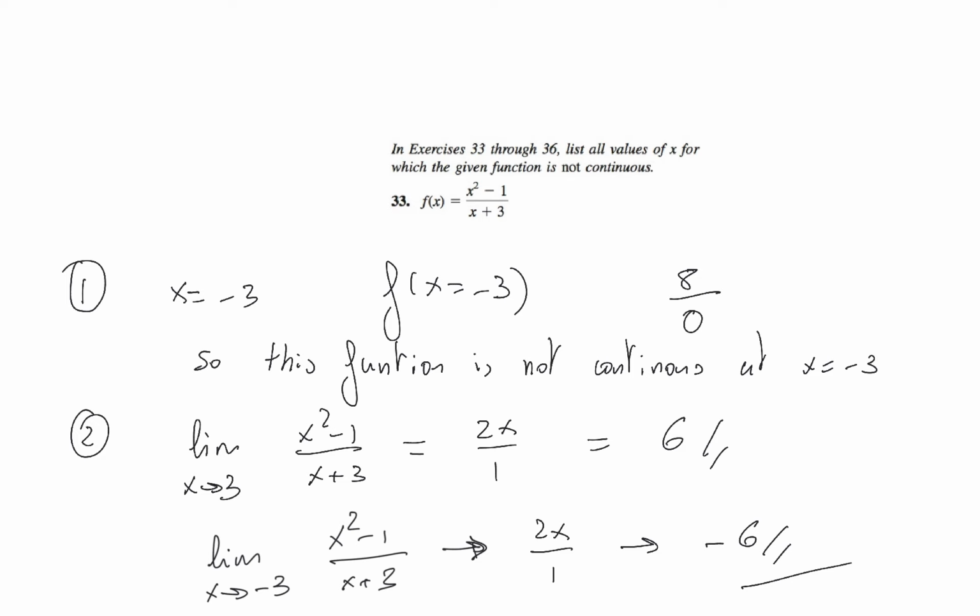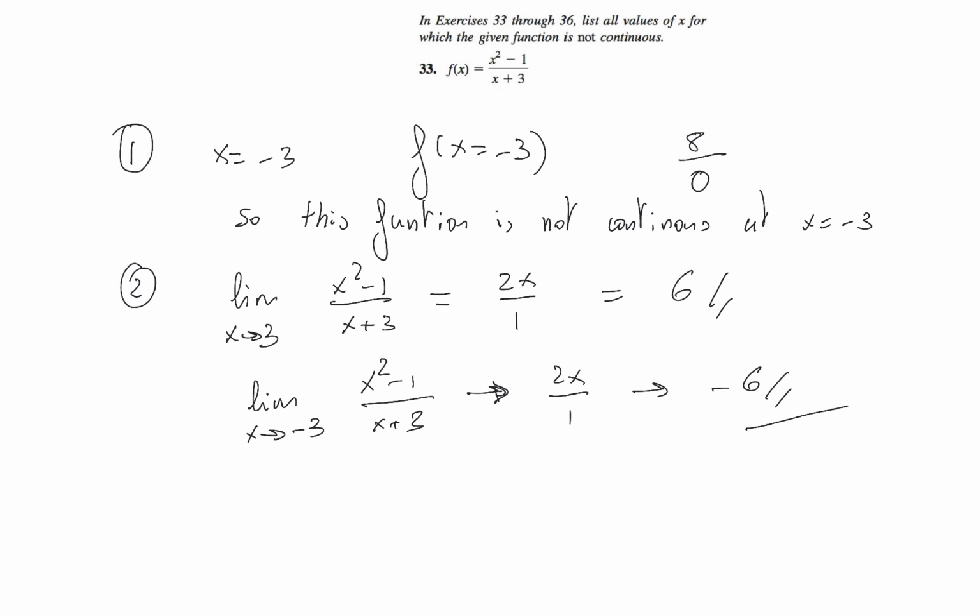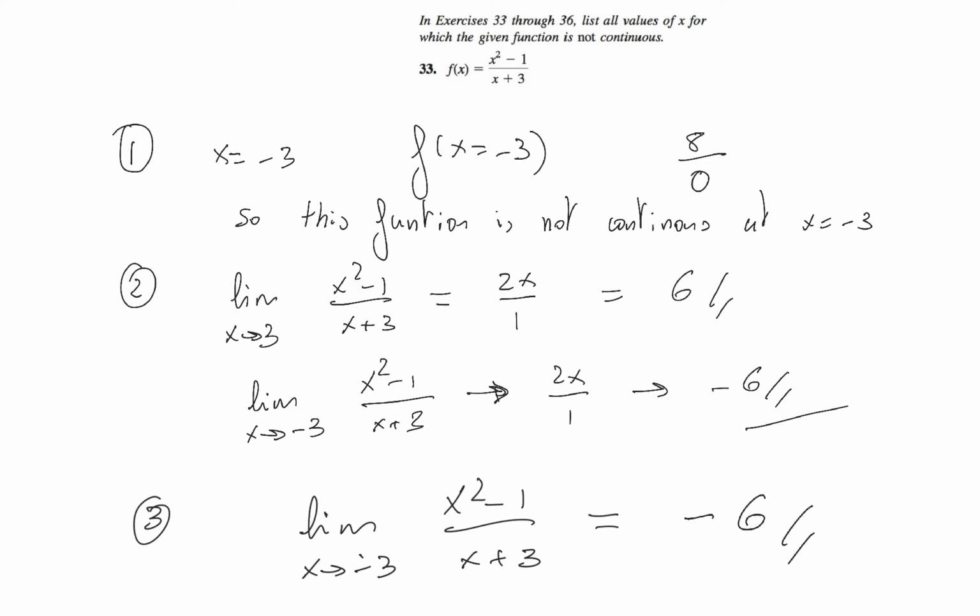The first is that the function must exist at the point, the second is that the limit must exist, and the third is that the limit when x approaches minus 3 of the function has to equal f of minus 3.